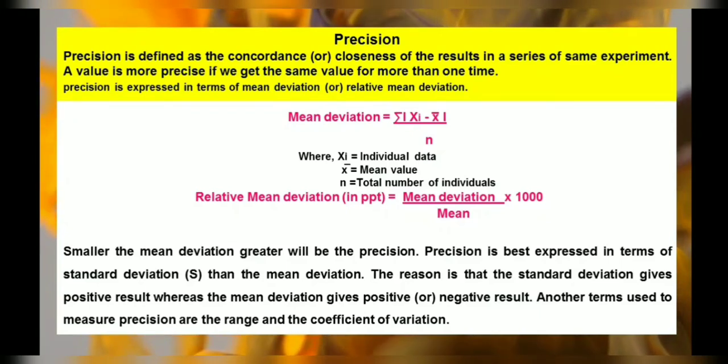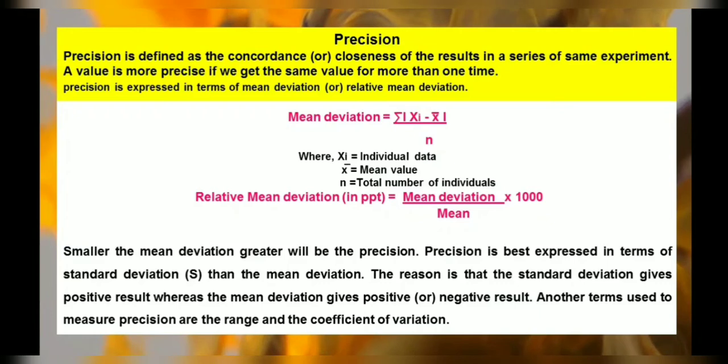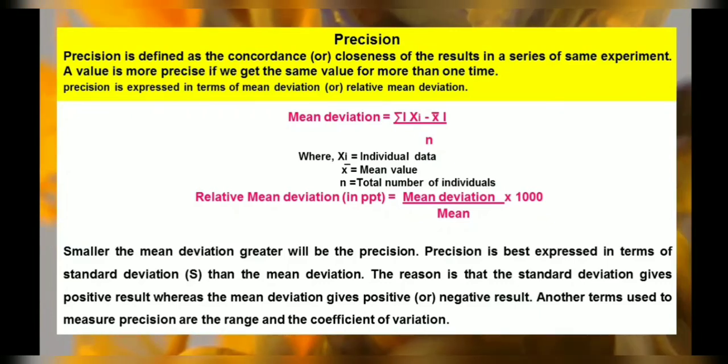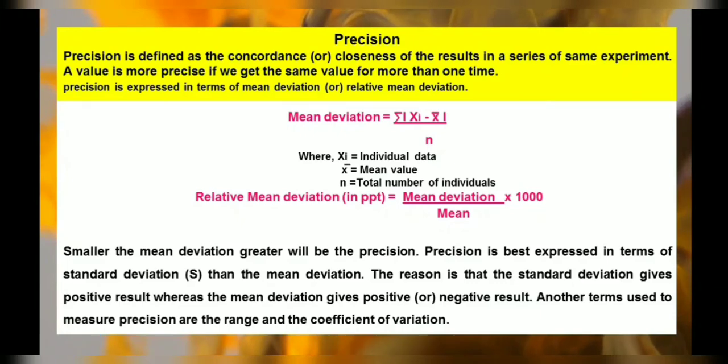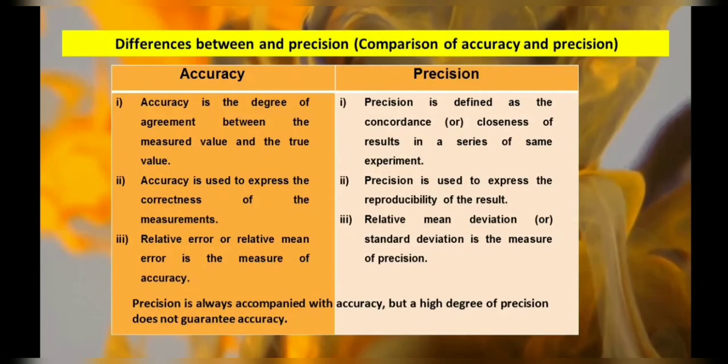So, the smaller the mean deviation, the greater the precision. Precision is best expressed in terms of standard deviation rather than mean deviation, because the standard deviation gives positive results only, whereas the mean deviation gives positive or negative results. Other terms used to measure precision are the range and the coefficient of variation.